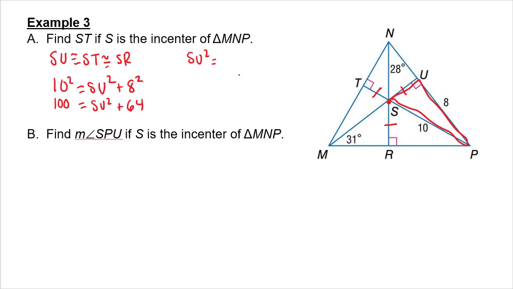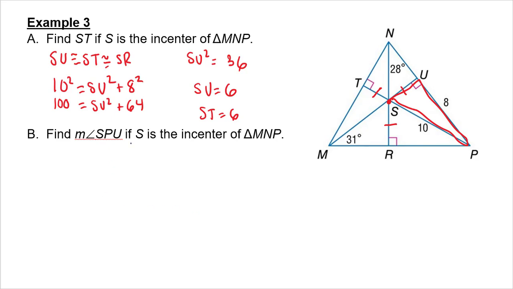SU squared is equal to 36. SU is equal to 6. ST is equal to 6 because it is equidistant, SU is equal to ST. I know they may not look equal. That's a good way to show you guys that pictures may not always be to scale, or pictures may not always give you everything that you need.